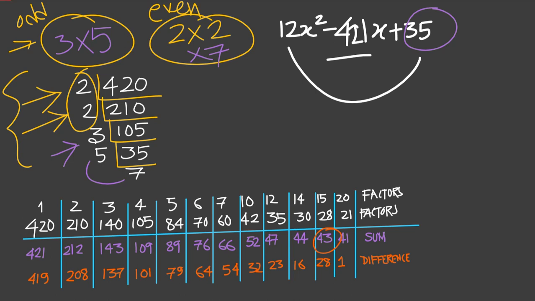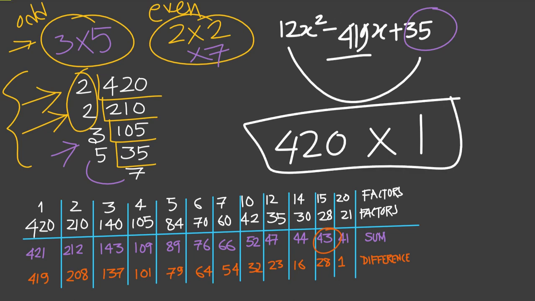So your numbers will be 420 and 1. And if it is 1 less, for example 419, then also your numbers will be 420 and 1, as you can see in this block.